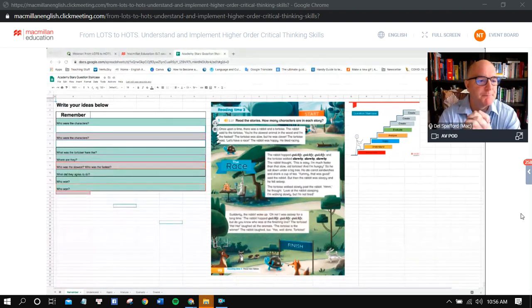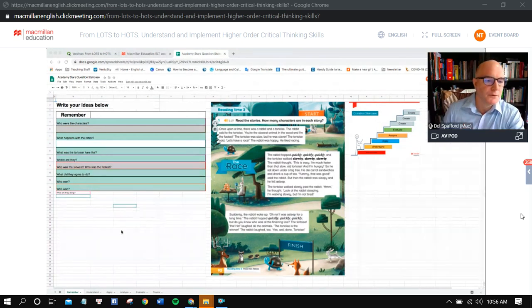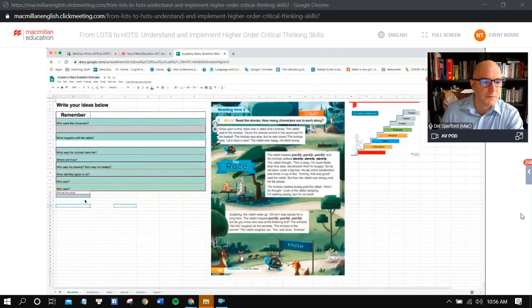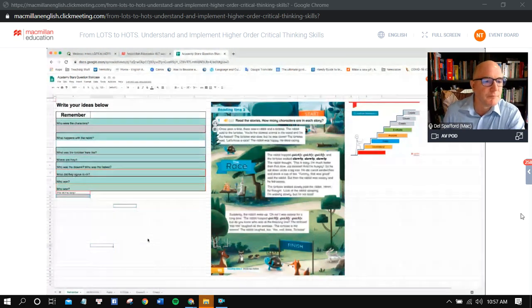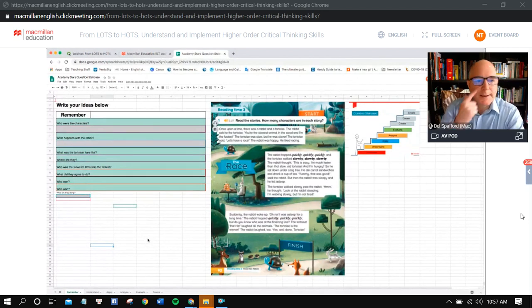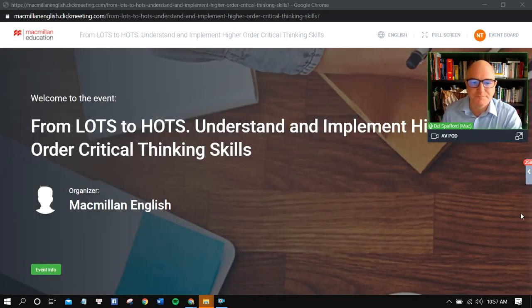Good. Where are they? Yep. Good, good. And I will tidy this up for you at the end of the session and send the document to you as well. Okay, you can stop there. That's great. All right. You can stop writing.